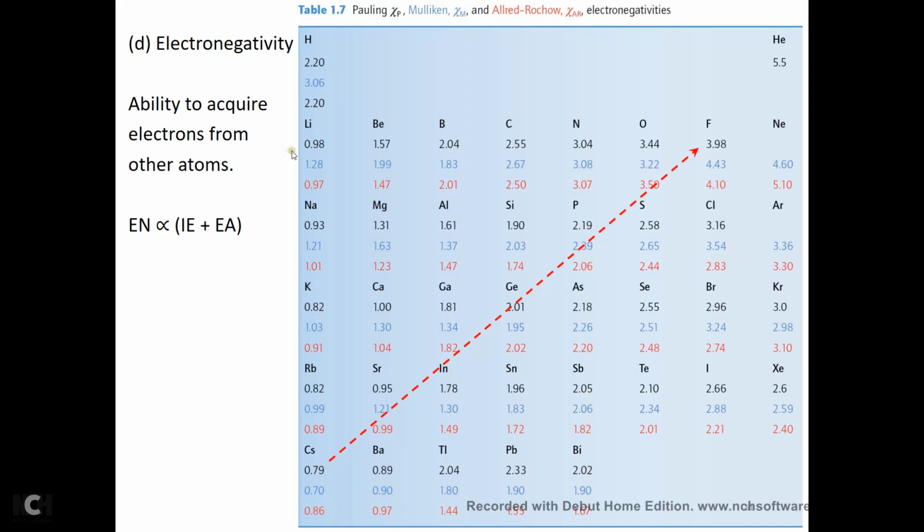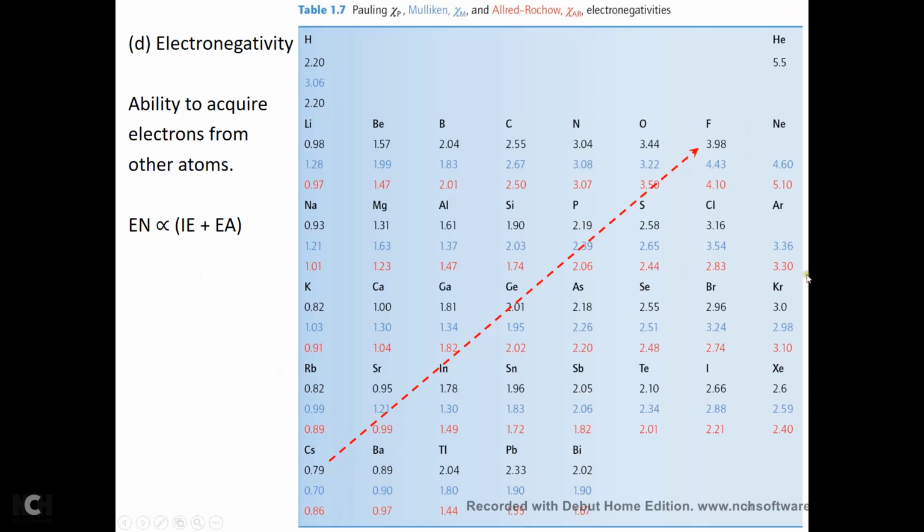The electronegativity is proportional to the sum of the ionization energy and the electron affinity. Recall the trend for ionization energy is from bottom left to top right. For electron affinity, same trend, also from bottom left to top right. Therefore, the electronegativity is from bottom left to top right.